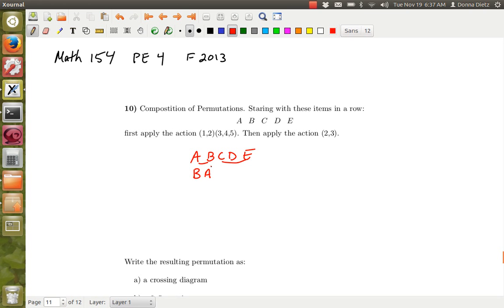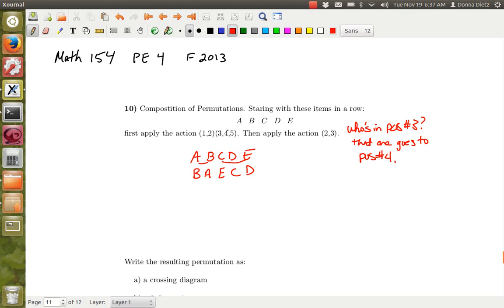The guy who's in position 3 goes to position number 4. So 3 goes to 4, 4 goes to 5, and 5 goes to 3.